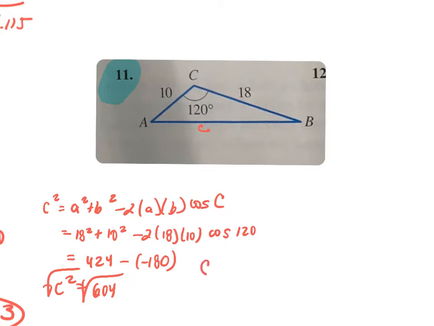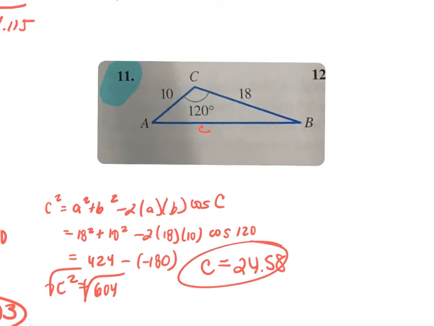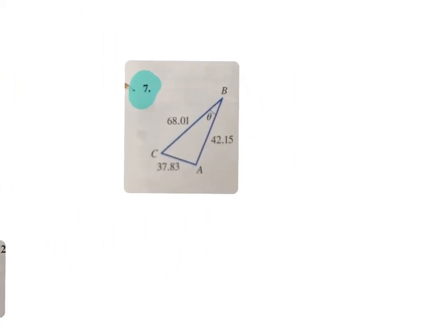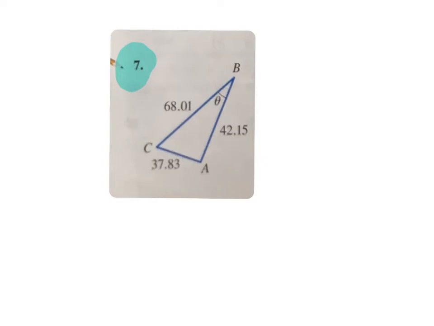And I get that c is about 24.58. Now I'll go up here. I skipped 7, I'm sorry. Apologize for that. But here I'm looking for angle B. So I'm going to use b squared equals a squared plus c squared minus 2ac times the cosine of b.